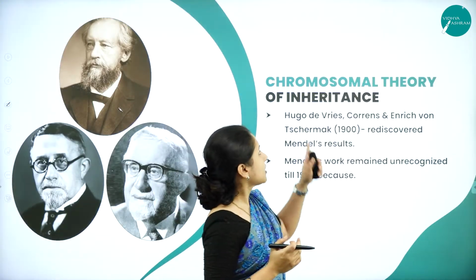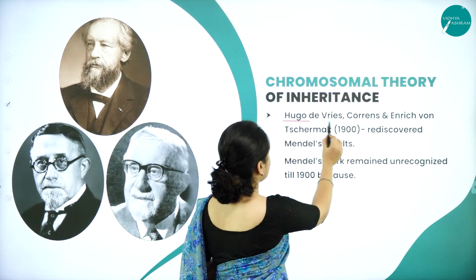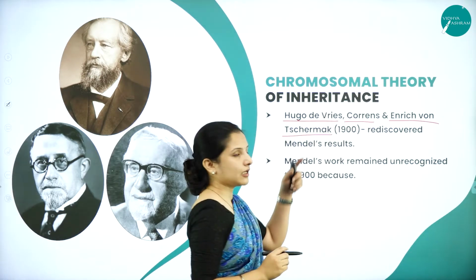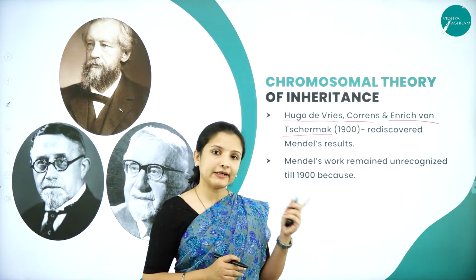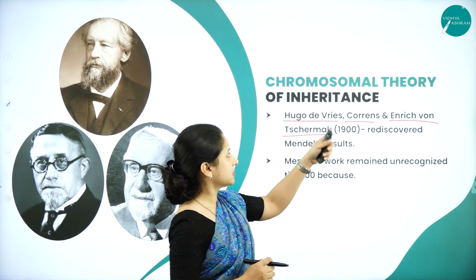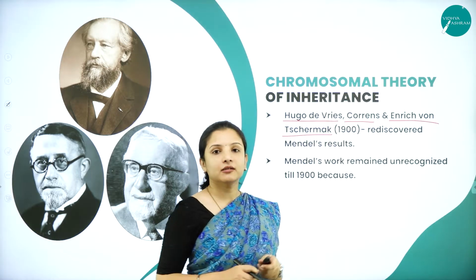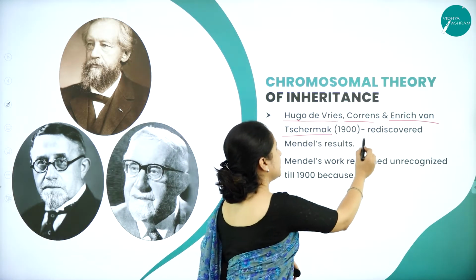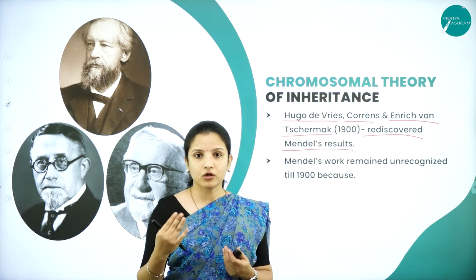Three important scientists, Hugo de Vries, Correns and Heinrich von Schirmer, in the year 1900, rediscovered Mendel's results. Mendel conducted his experiment in 1860, but people were not believing what Mendel did.